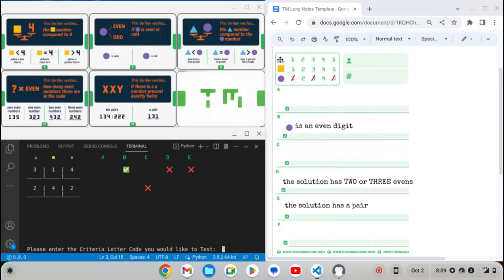We're going to say that triangle is either less than or greater than circle.